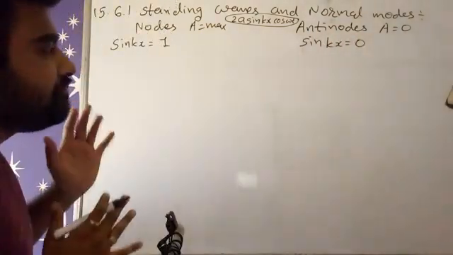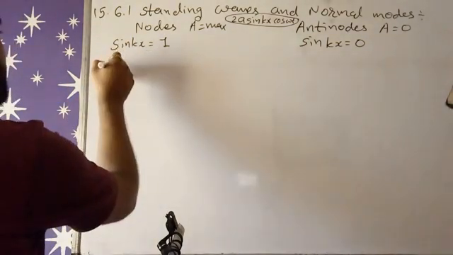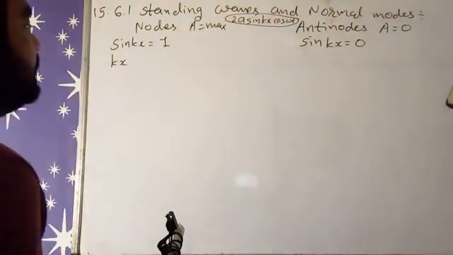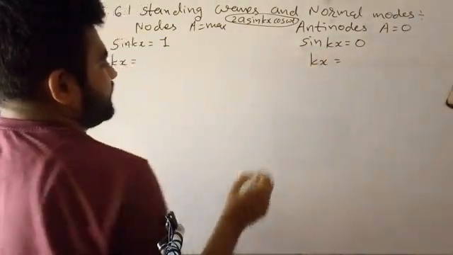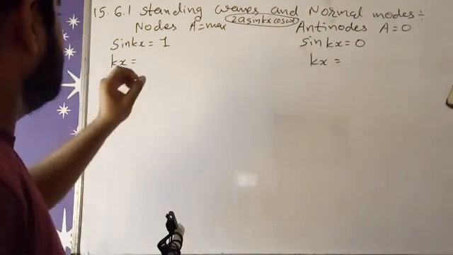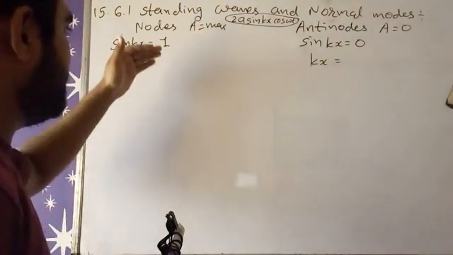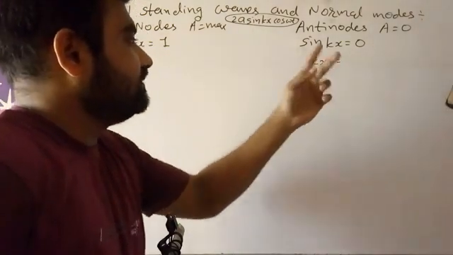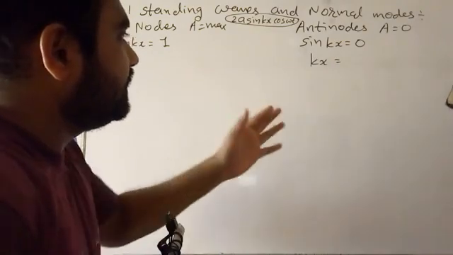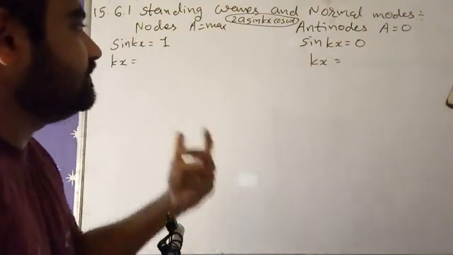and sin kx is equal to 0 for minimum. Now for this maximum and this minimum, kx should be equal to, see, when it is 90 degrees, pi by 2, then 3 pi by 2, further. For the minimum, kx is 0, then after that pi, then 2 pi, 4 pi, right?